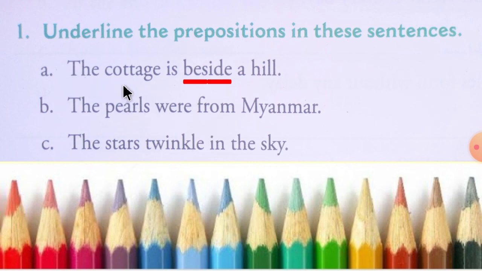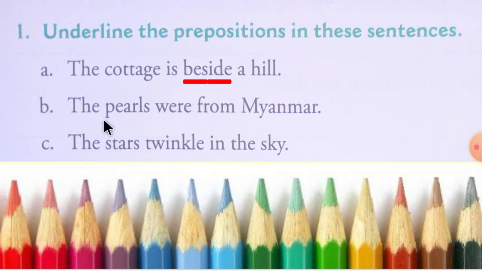A. The cottage is beside a hill. So here beside is the preposition.